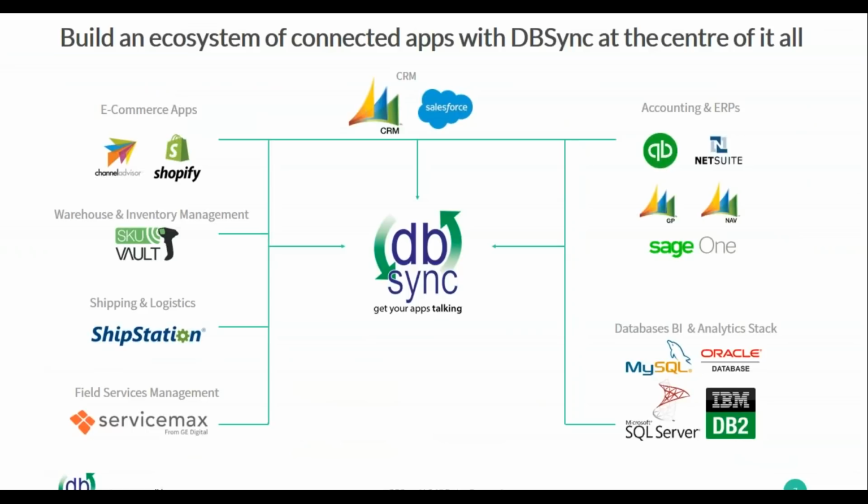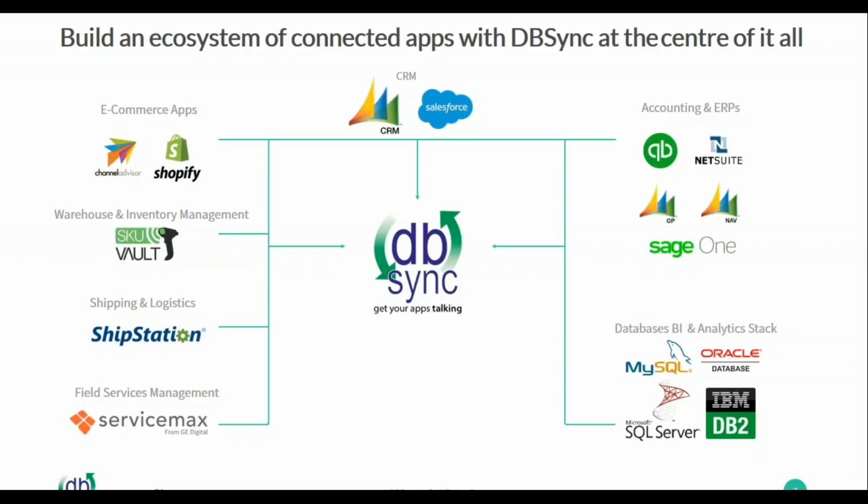Here you see how DBSync can be leveraged to build an ecosystem of connected apps, with DBSync, of course, at the center of it all, simply because we have a host of connectors pre-built for your CRMs, e-commerce applications, accounting and ERPs, databases, and so on.